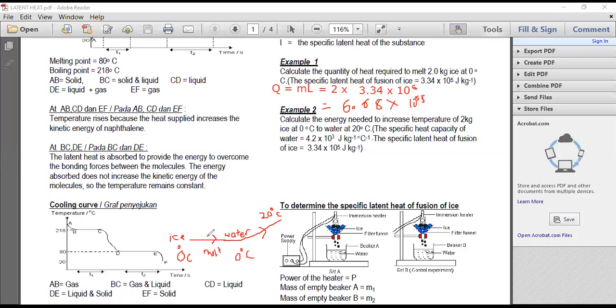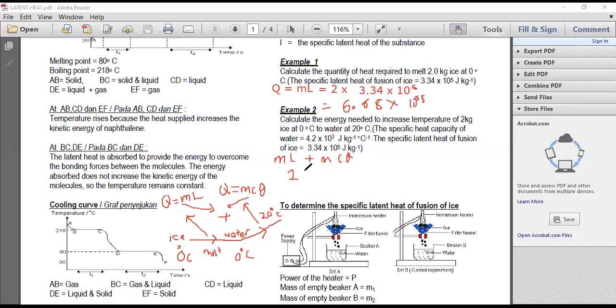During the melting process, the heat required will be Q equals mL. During the increase in temperature, we use Q equals mc theta. So the total heat is ml plus mc theta.